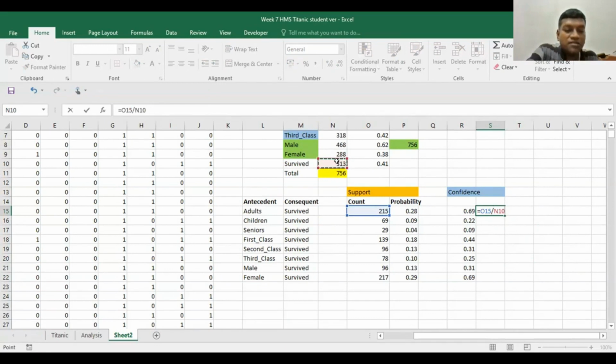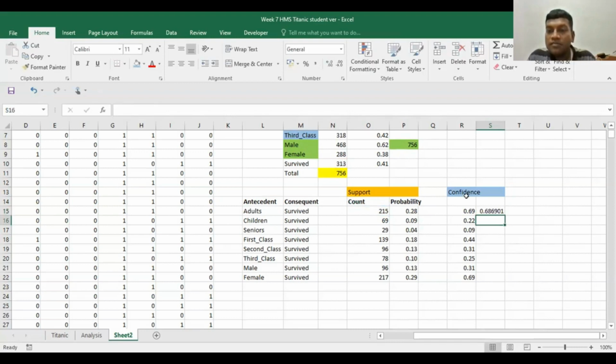And I again lock it. Pull it down. Pretty much you get the same figures. Whatever works for you. If you're more comfortable with probability concepts, use that, or if you're more comfortable with counts, use that. Anyway, you get the same results. So we have support and confidence.